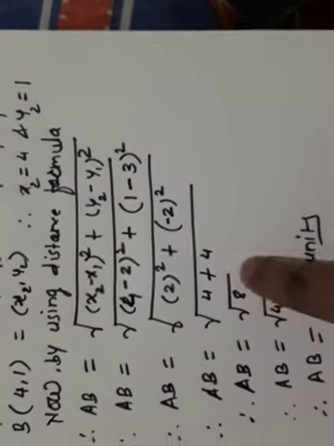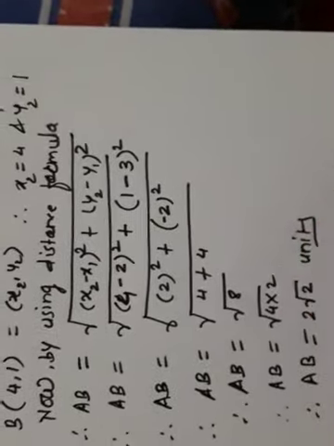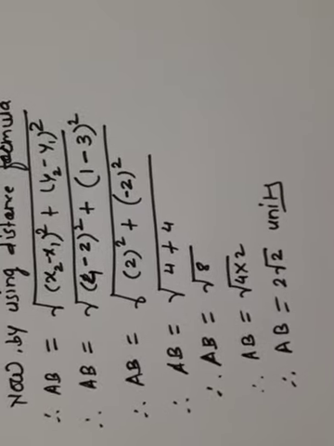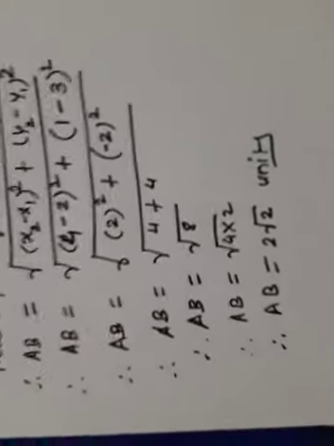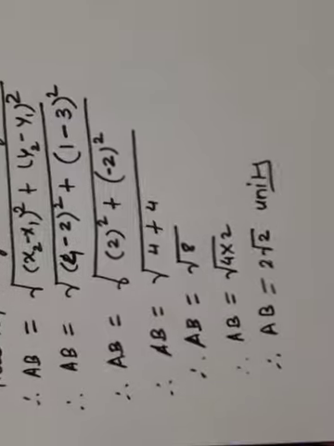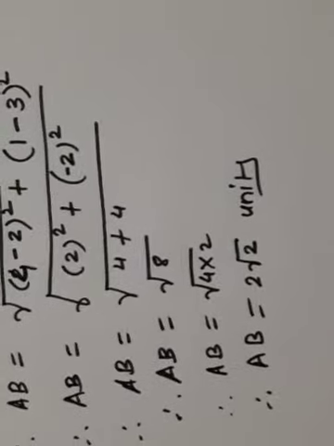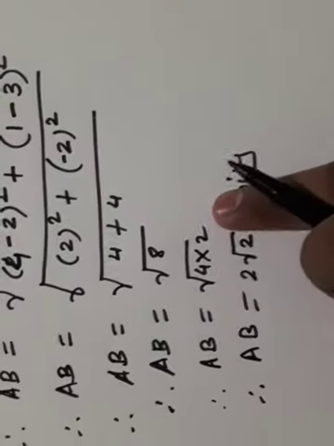If it is possible to find the factors of the number that comes, we do that. Suppose we are unable to find the factors, for example if it is a prime number, then that doesn't matter, no problem at all, you have to keep it as it is. Here I got root 8, and I can find the factors of root 8. I got 4 into 2.